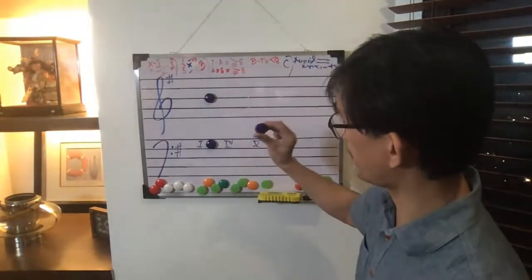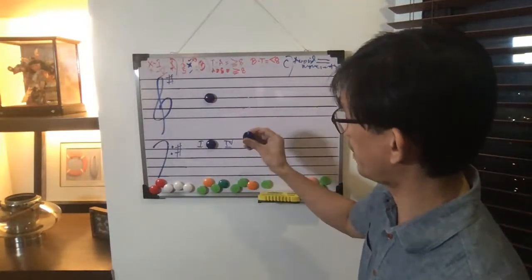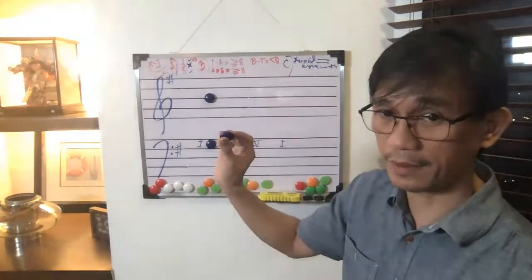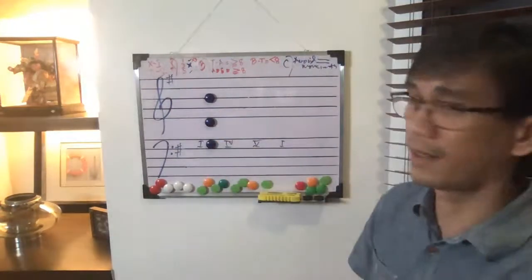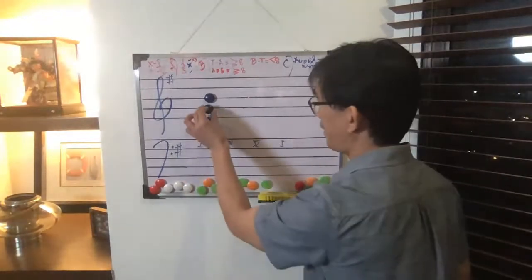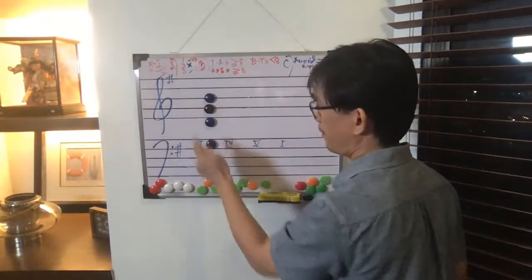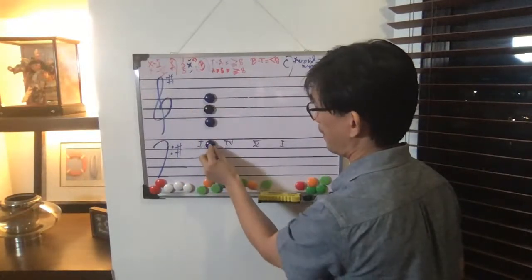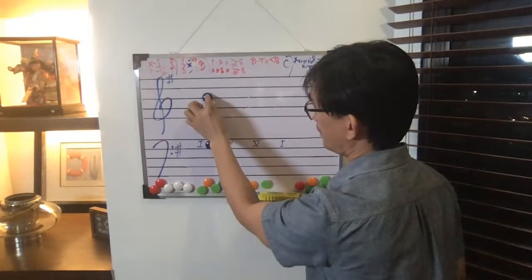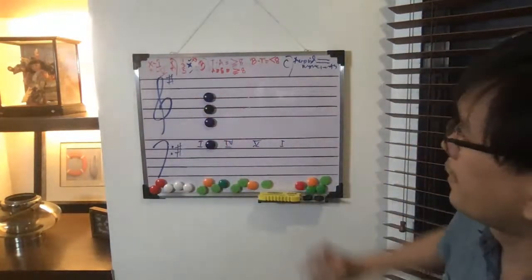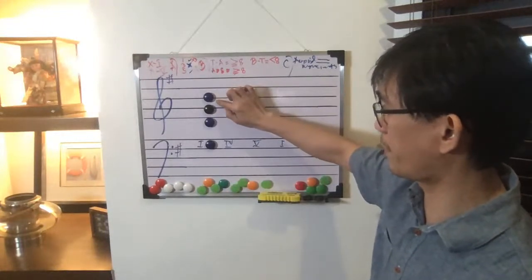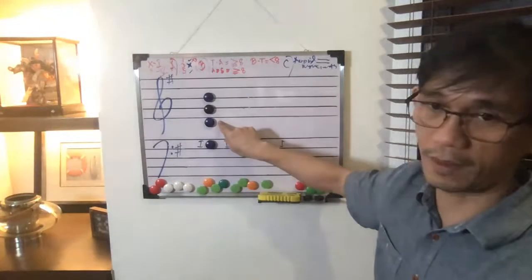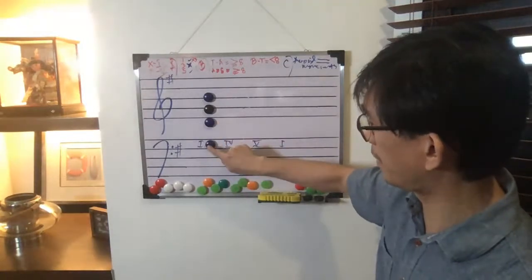Now the fifth is the D. Where do you want to put your D? I would say let's give it to the tenor. And now we double the tonic. There it is. So this is quite low for the soprano. This is a very nice range for a tenor.